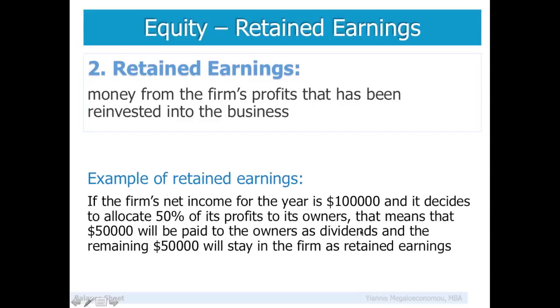That means that $50,000 will be paid to the owners as dividends and the remaining $50,000 will stay in the firm as retained earnings. Okay, so we have, again, $100,000 of profits, 50% goes out as dividends to the owners, to the investors, and the remaining $50,000 is reinvested or retained in the business.